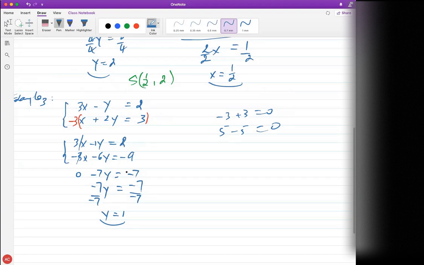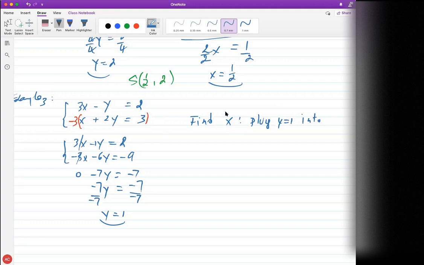That's the y. We need to find x. Again, I'm going to have to plug y equals 1 into either equation, either here or here.